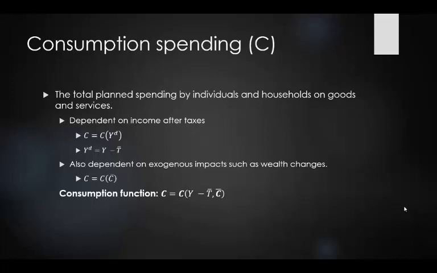In notational form, C is a function of YD and C bar. YD is technically called disposable income and is equal to national income Y minus the total level of taxes T. C bar captures all exogenous influences on the level of consumption, such as any existing wealth saved up or inherited.